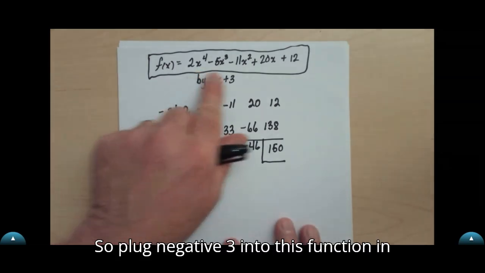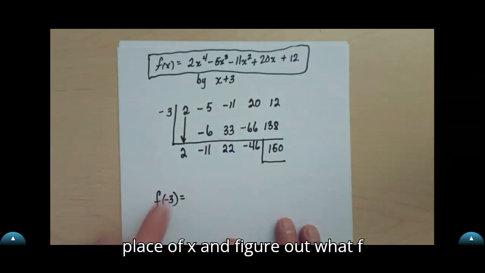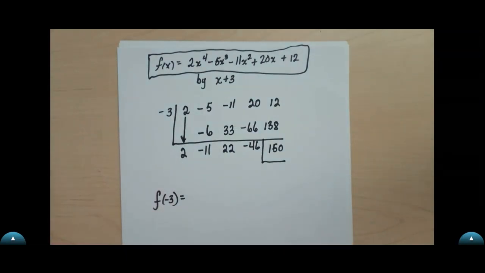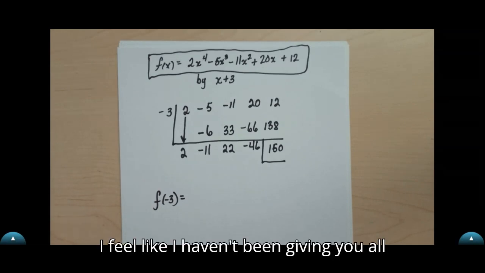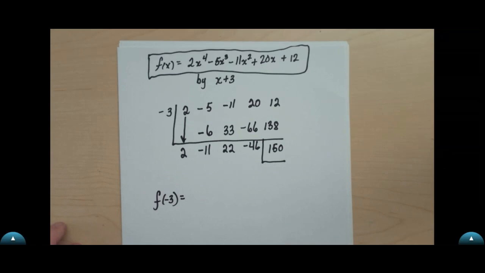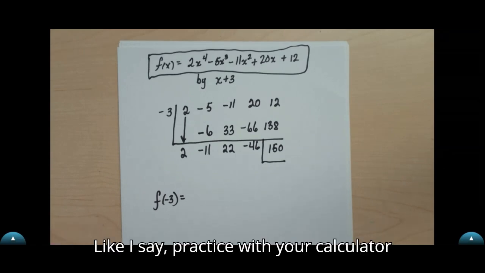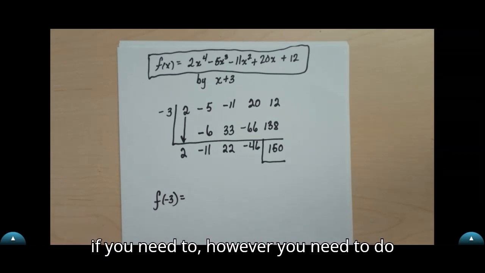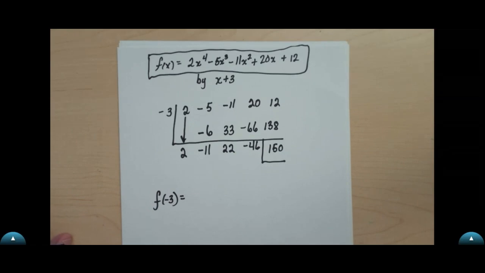So plug -3 into this function in place of x and figure out what f of -3 is. I feel like I haven't been giving y'all enough time to practice stuff, so here's a good chance for you to do it. Like I say, practice with your calculator if you need to, however you need to do it. And when you get an answer, tell me what your answer is.